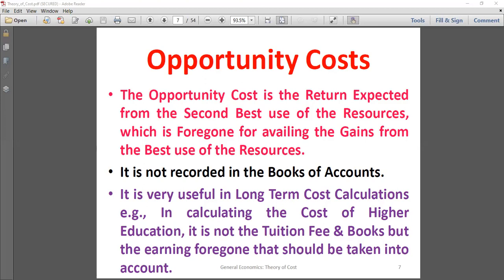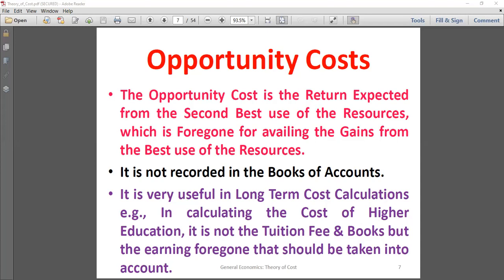So the concept of opportunity cost is very important in economics because it brings about issues of a trade-off, issues of the value that we are willing to forgo for one choice made over the other.